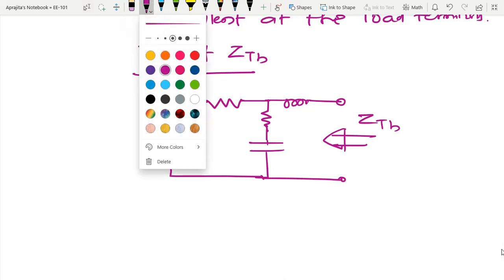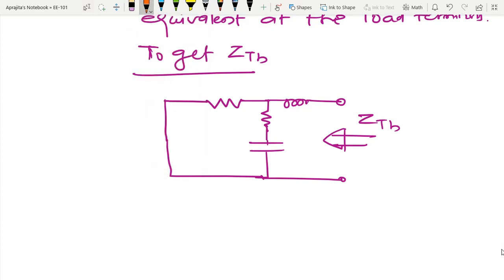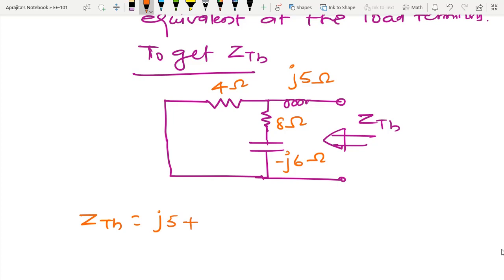I have to put the numerical data, same as the previous one, because during this equivalence nothing is going to change. J5 ohm. So basically our ZTH is J5 plus 4 parallel with this particular quantity.